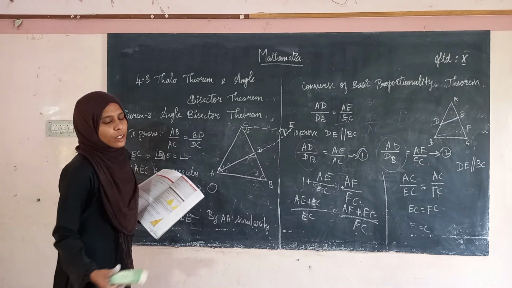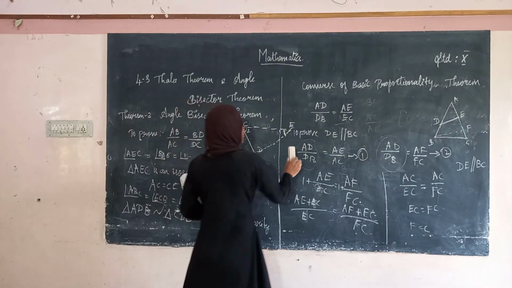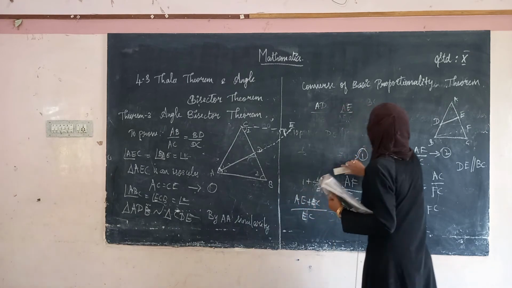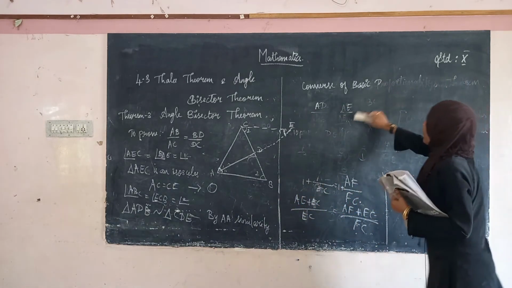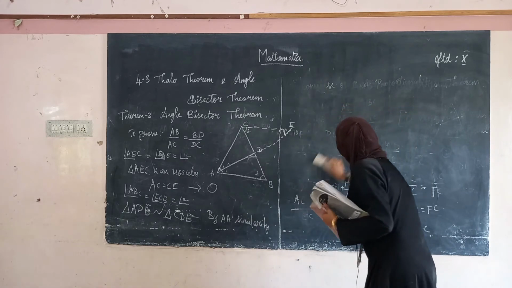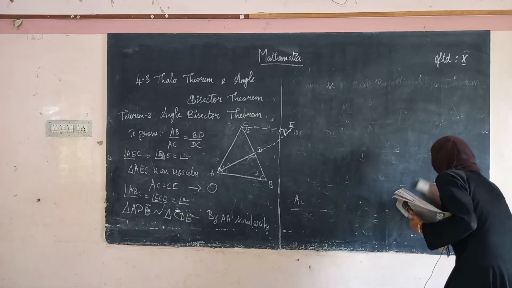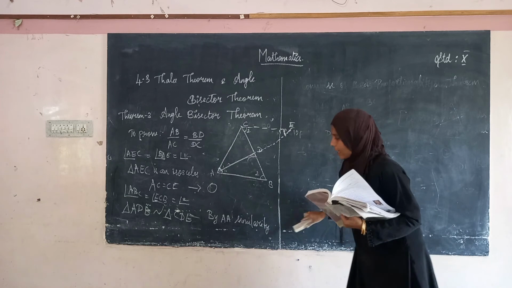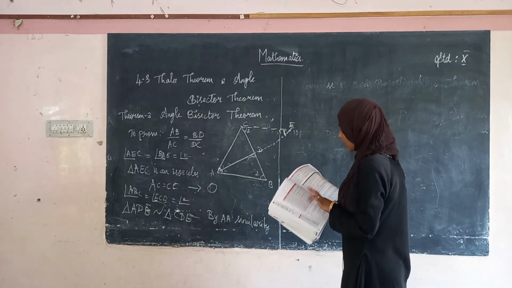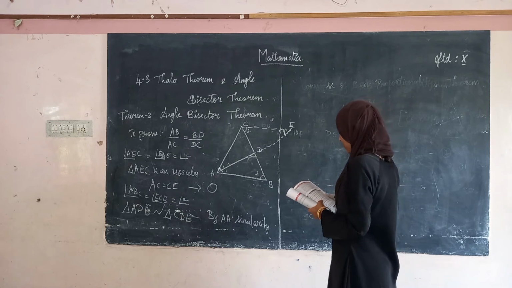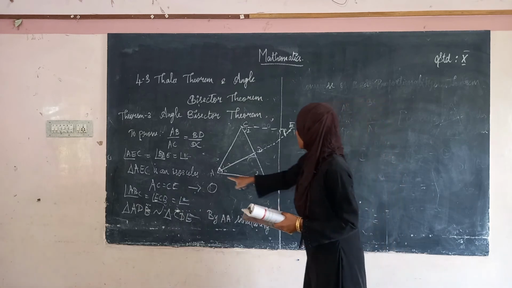If two triangles are similar, what can we say? We can say that their corresponding sides are proportional. So, what are the corresponding sides?